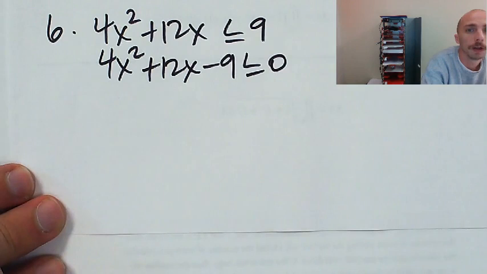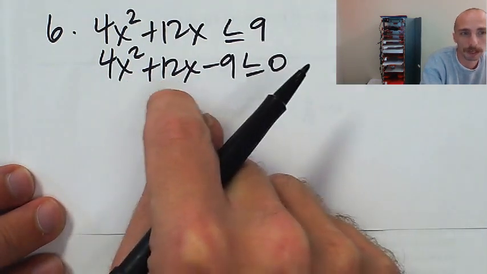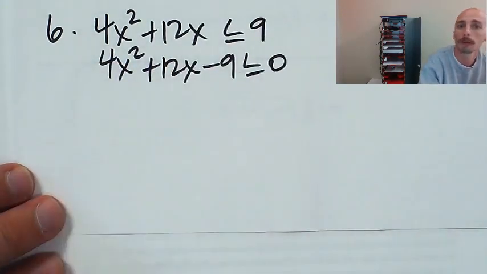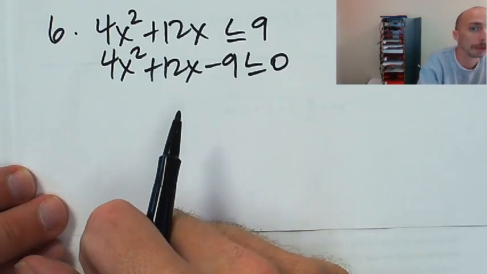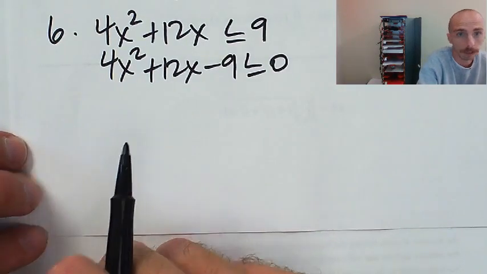Let's try to factor, right? Two numbers that multiply to negative 36 while adding to positive 12, negative 6. And I feel like this is going to be a perfect square trinomial because of the repeated number here and the fact that we've got two square numbers over here. But I'm just going to factor using the technique that I know works, and then I'll see if it's a perfect square or not, just based on the algebra.